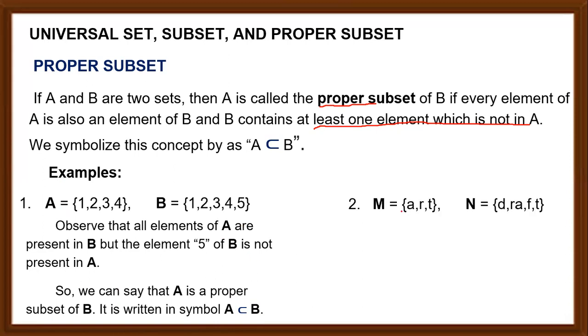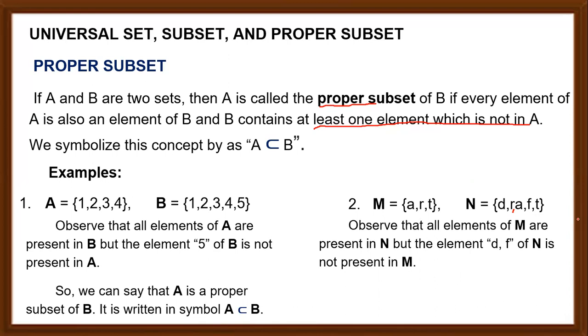Okay, let's have number 2. Set M, the elements are A, R, T, while set N, the elements are D, R, A, T, F. Kailangan meron po siyang separated by comma, don't forget. So if you're going to observe that all elements of set M, yung A, R, T, di ba makikita po siya doon sa set N or present siya doon.